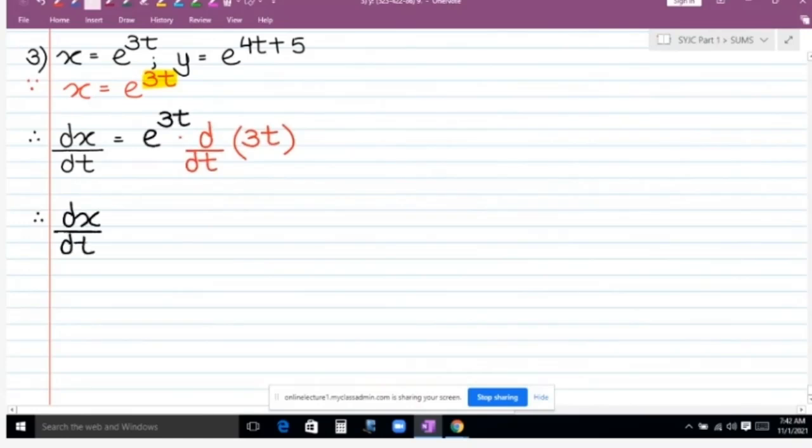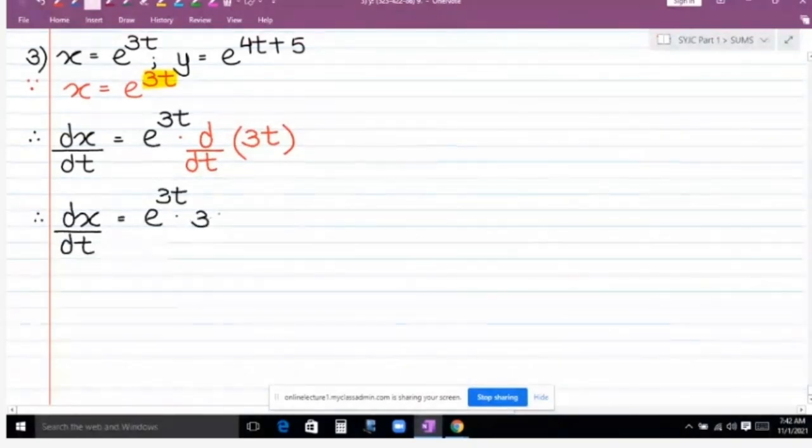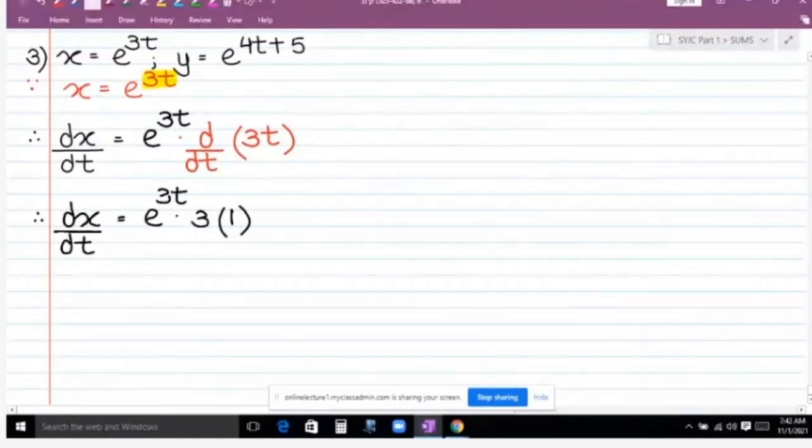So dx upon dt is equal to e raised to 3t into 3, the constant stays outside, and the derivative of t with respect to t is 1. Our answer is ready.